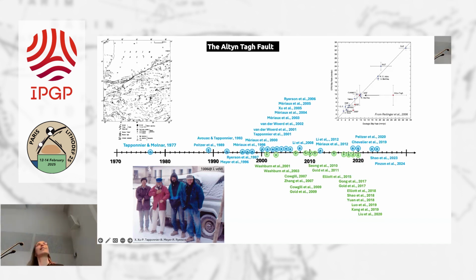Everything started with Paul's work with Landsat images. Here in blue, you have all the works done by, let's say, Paul's team, and as you can see, you recently have a paper in 2024. And in green, it's papers coming from other teams, and they have many debates about the slip rate along this fault.